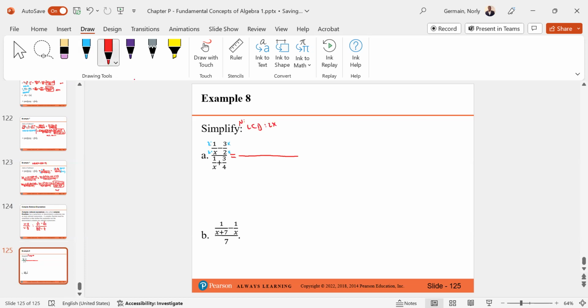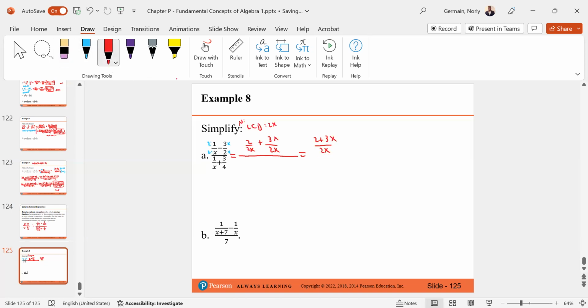So for the top one, I'm going to have 2 over 2x plus 3x over 2x. As I said, I like to do the numerator first. What you see here is 2 plus 3x over 2x. And I'm done with that part.